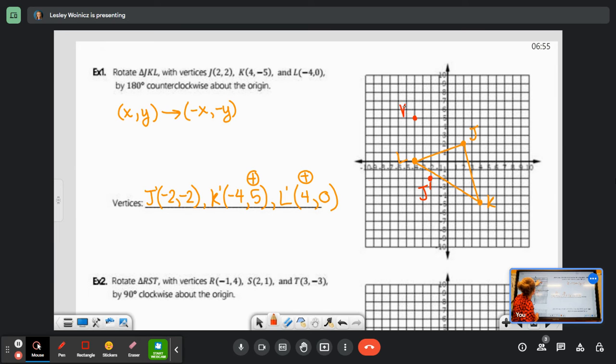That's K prime. And L prime is at positive 4, 0. So we just spun him around the origin. Actually, we went this way. We went counterclockwise. It's kind of fun.